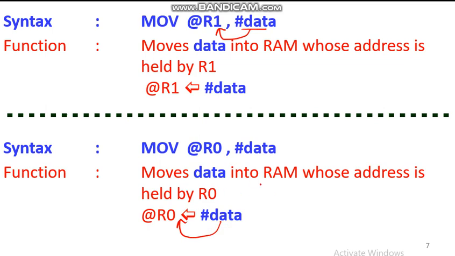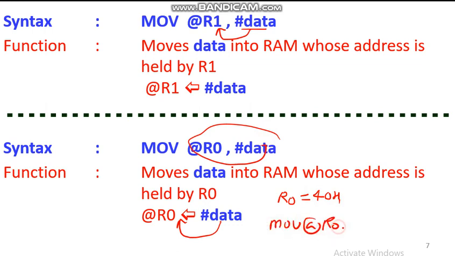So for example, say R0 has the value 40H. If we give the instruction MOV @R0, #33H, it means the data 33H is copied into the location pointed by R0.